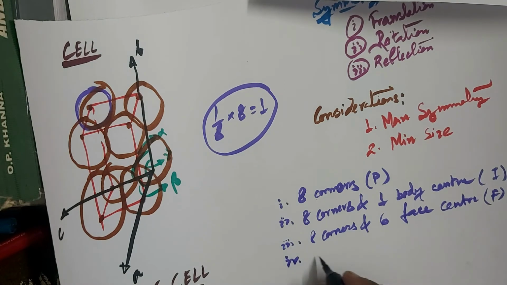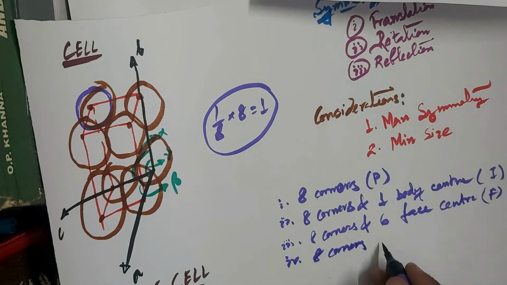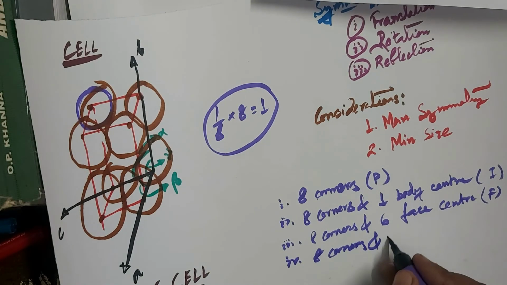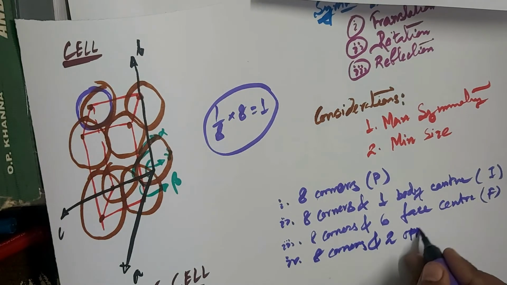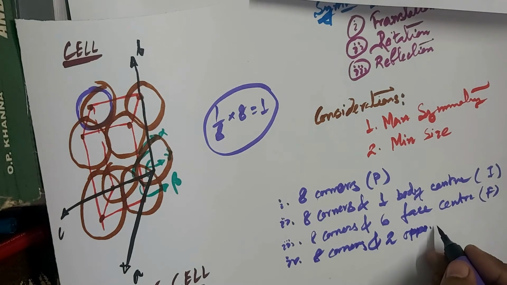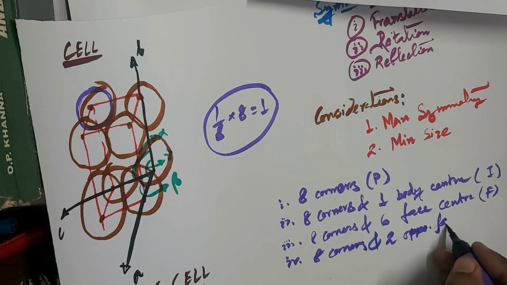Fourth is 8 corners and 2 opposite faces.